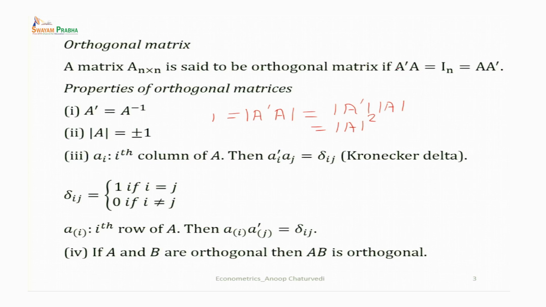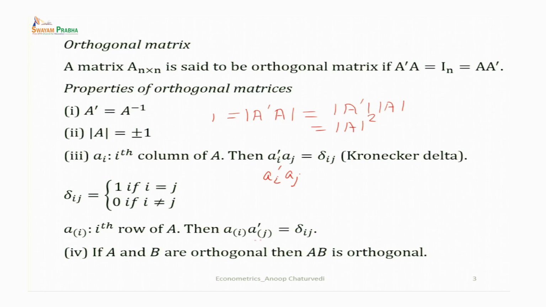Then A is an orthogonal matrix. The ijth element of A transpose A is a_i transpose a_j. A_i transpose a_j will give you the ijth element of A transpose A. So, obviously, a_i transpose a_j is equal to 1 if i is equal to j and 0 if i is not equal to j.